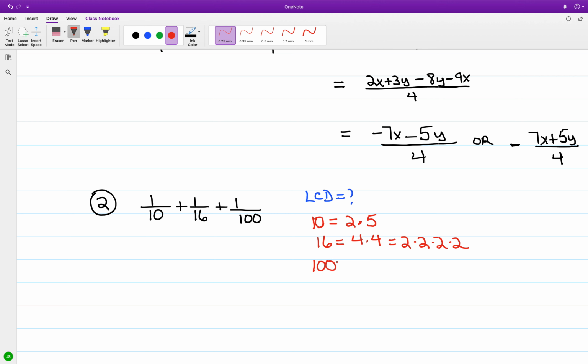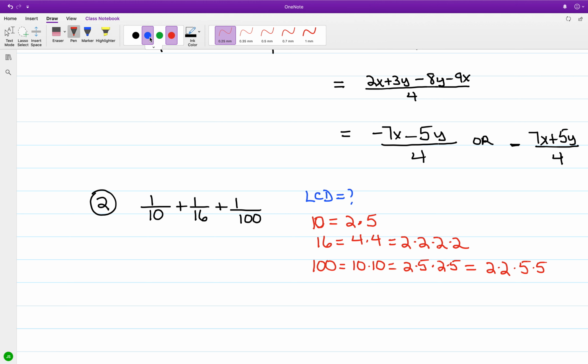And for 100, reducing to only prime factors, we have 10 times 10, and just like the first 10, we have 2 times 5, 2 times 5. If we put it together and resequence, we have a couple of 2's and a couple of 5's.